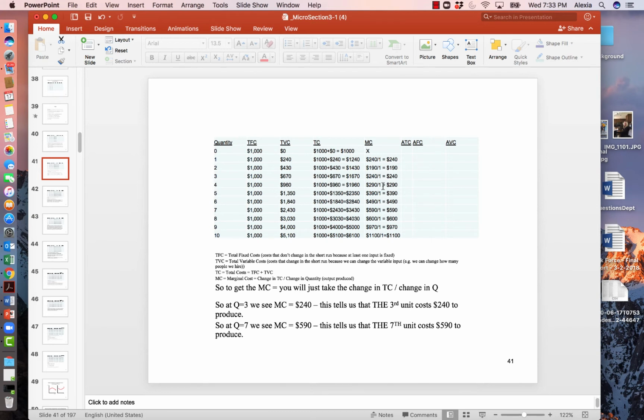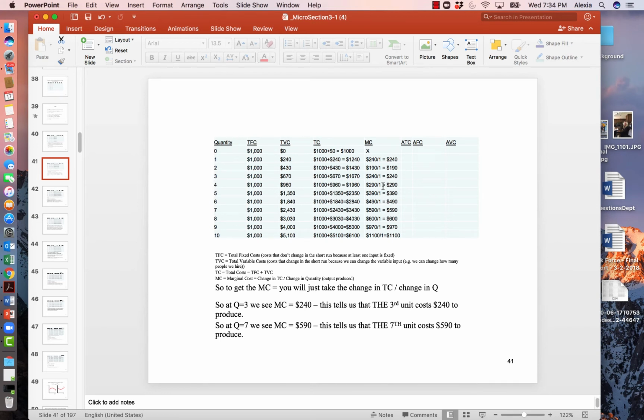Okay. So how did we get this column here, marginal cost? Well, remember, marginal cost is the change. How much does our total cost change when we change, in this case, our output level? What's the incremental cost change? So for marginal, you have to use the change in total cost over the change in our output.